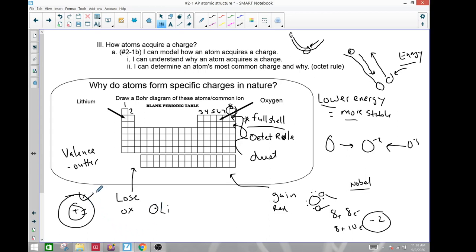We're going to lose that guy, and now we still have our 3 protons and 3 electrons. We lose the 1, and we go to lithium with now 3 protons, but only 2 electrons. So now it's got a +1 charge. And of course, we would need to put that electron right here if we're going to write out a whole oxidation reaction for this.